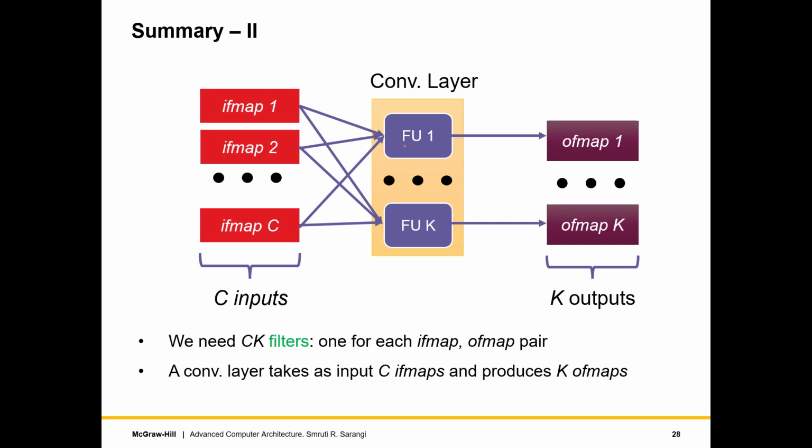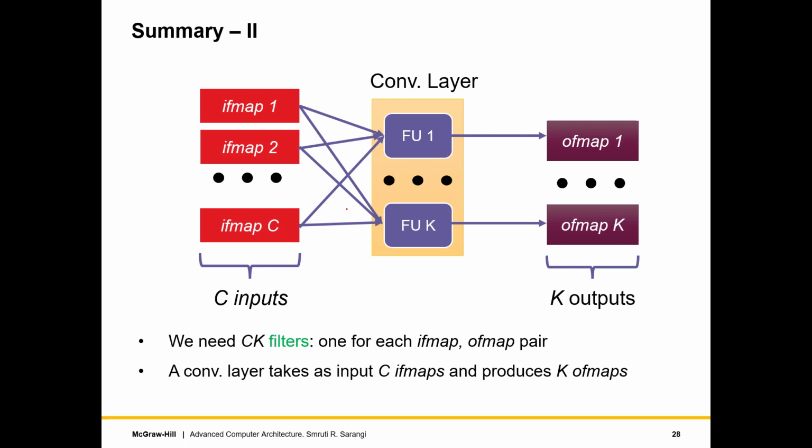What we had basically said is that a convolutional layer has K functional units, where a functional unit is nothing but a convolver in a certain sense, if there is such a word. It takes as its input all capital C input feature maps, C for channel, IF maps, and then produces an output feature map.